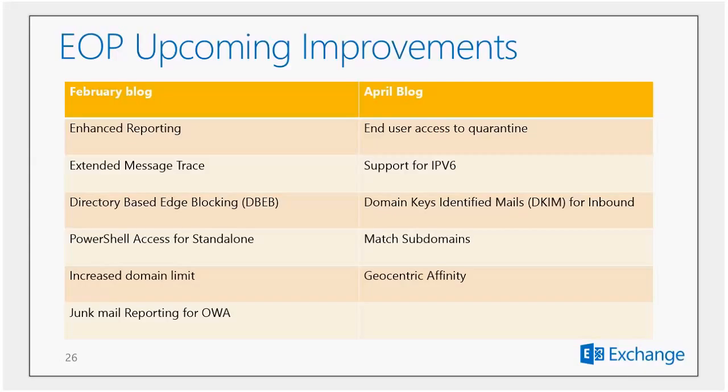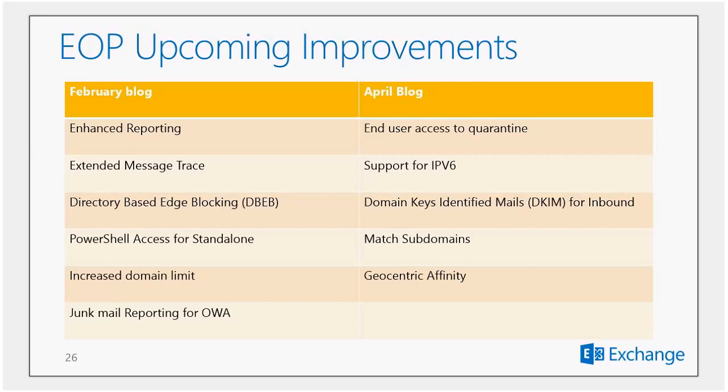We are extending the message trace data to a greater number of days. I think there was a question earlier on that, so it's already available. I think it's already rolling out, and it's almost due completion now. We also introduced the PowerShell access for standalone customers who didn't have access. They all get it now directly. We also increased the domain limit. So initially this used to be about 600.